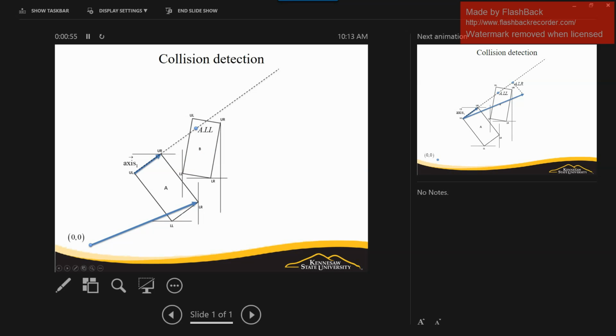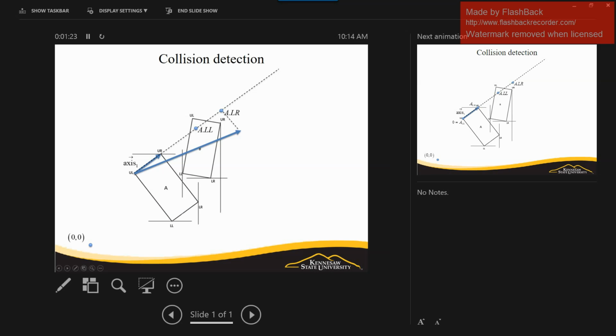Now I need to look at the vector going from the origin to the lower right of this rectangle. I need to move that piece. I need to take its dot product, calculate its scalar projection, the distance of its projection. So A dot LR represents the distance from this point to this point. Okay? So now I've taken care of these 2 points on the rectangle A.